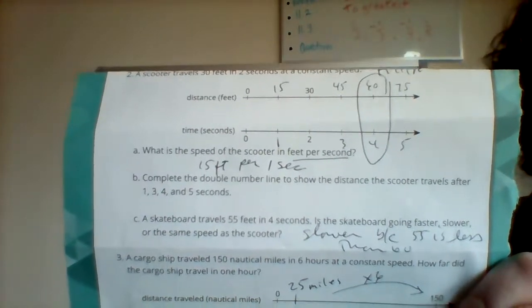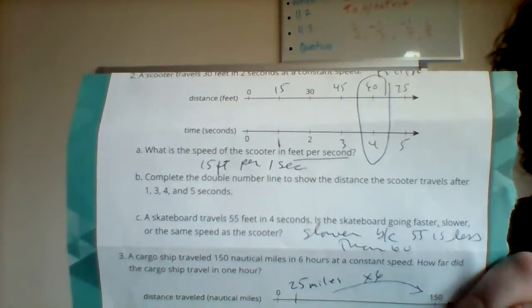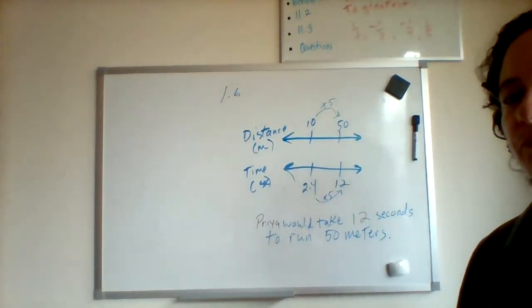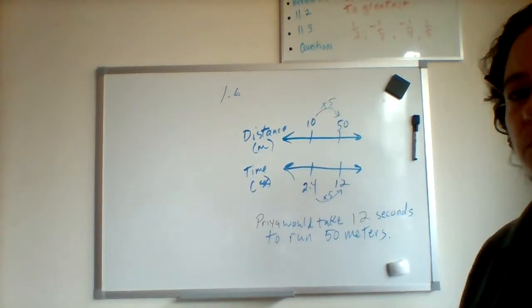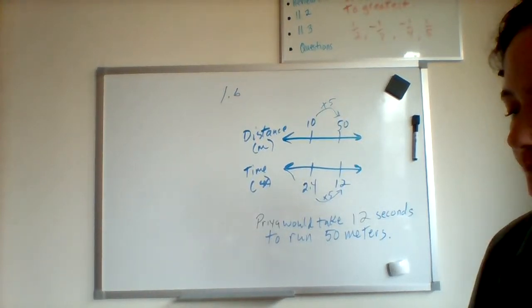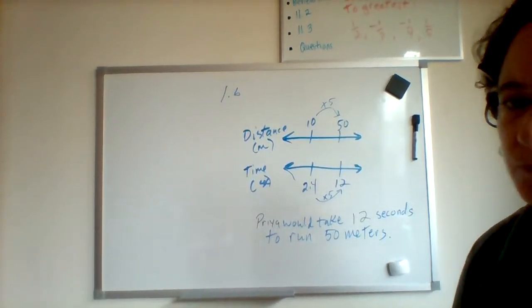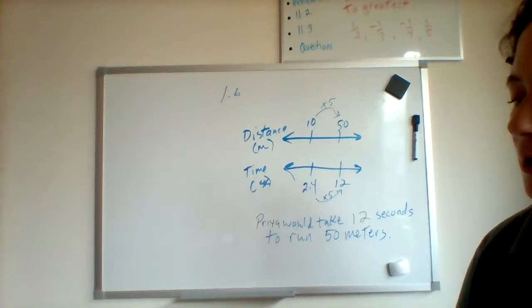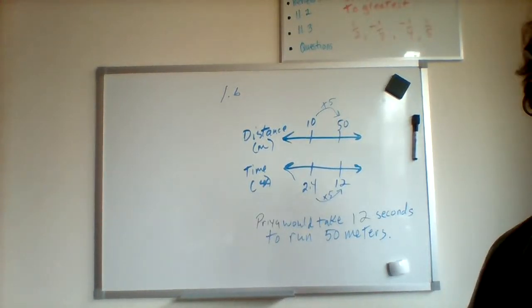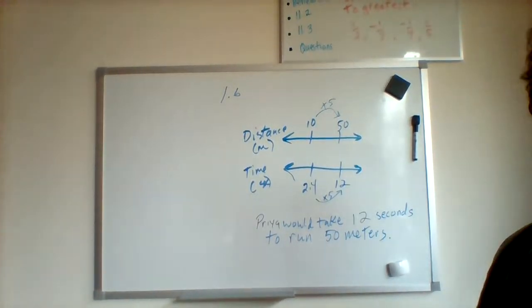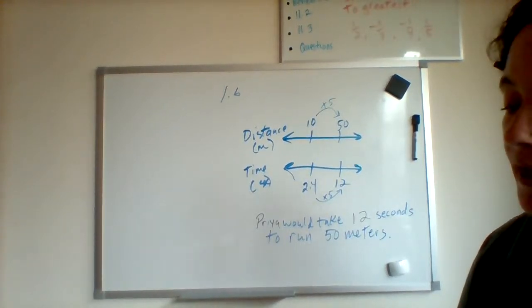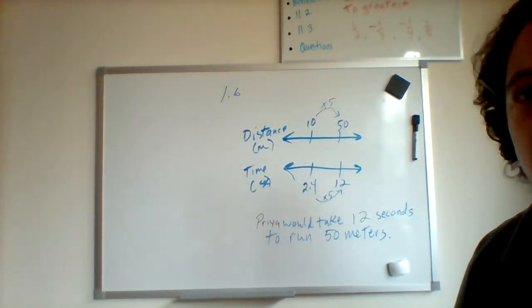Now, how did I know that? Good. How did I know, or how did you guys know if you did this already, to count by 15s on the top for distance and to count by 1s on the bottom for time? How did you guys know that?